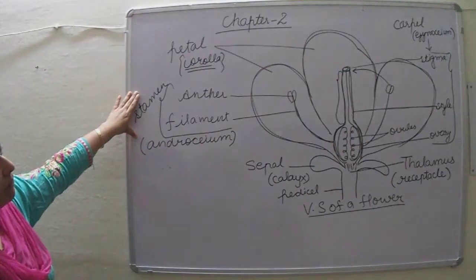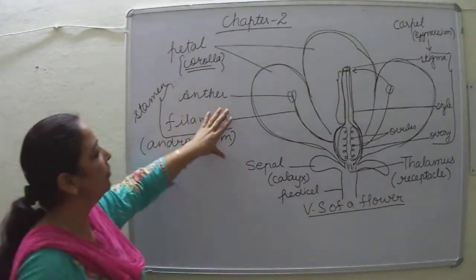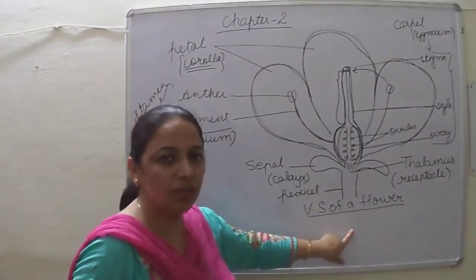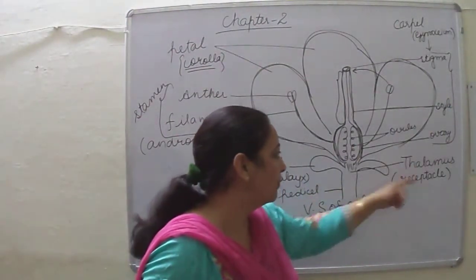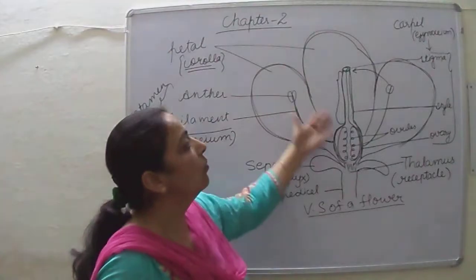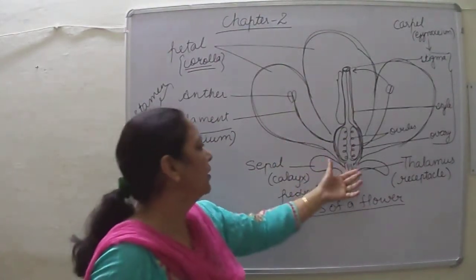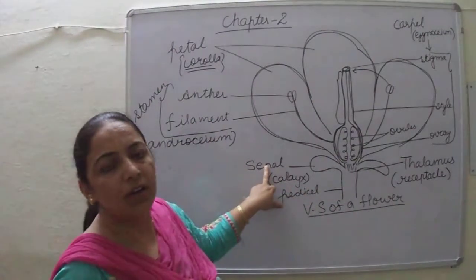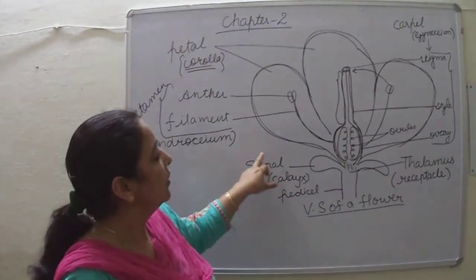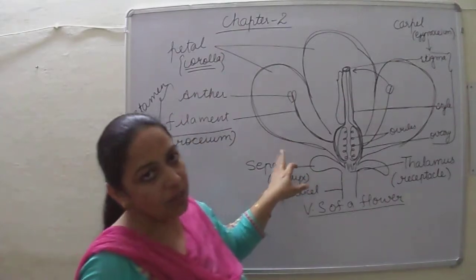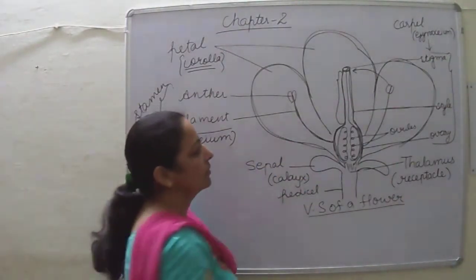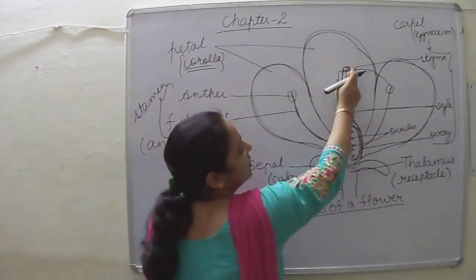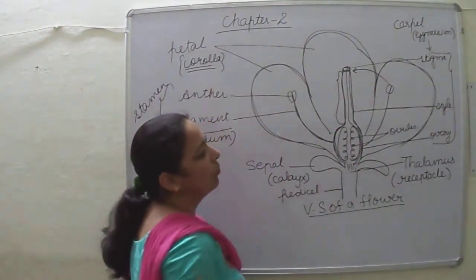These are the parts of the flower. I hope you all understand. I can repeat. Pedicel attaches the flower to the plant. Thalamus or receptacle holds the whole organs on the plant. These are the sepals that protect the flower in bud condition, or do not allow excess transpiration of the flower. This is the female part known as the gynoecium, consisting of stigma, style, and ovary.